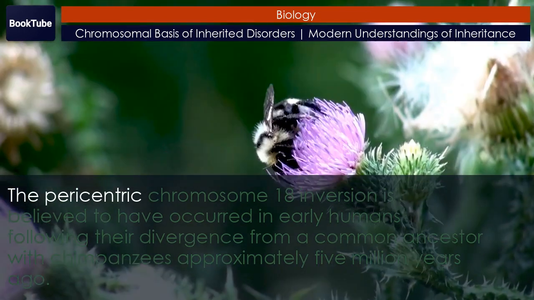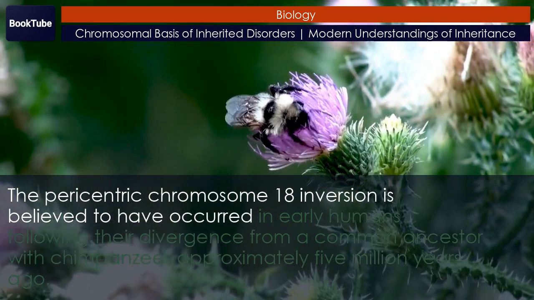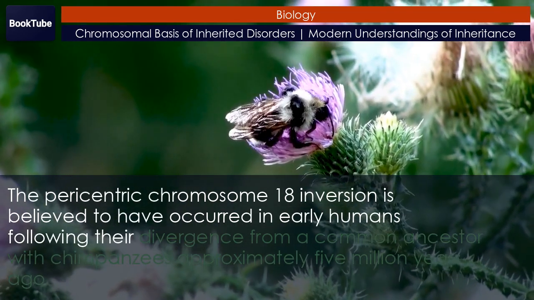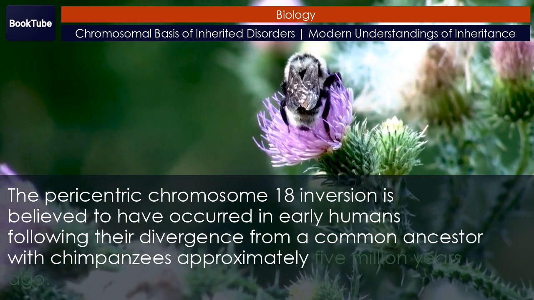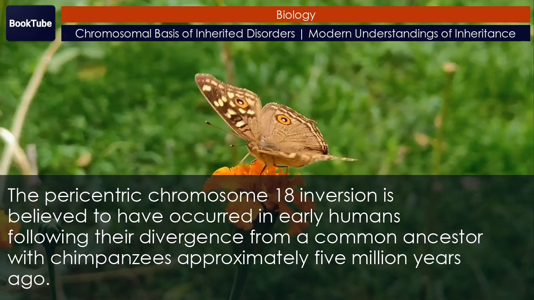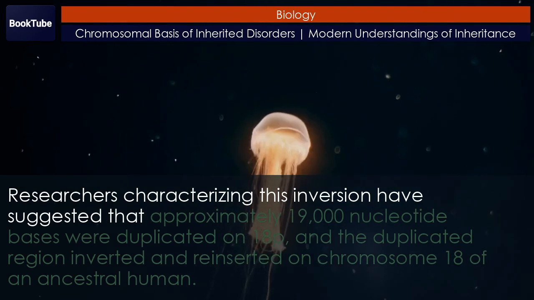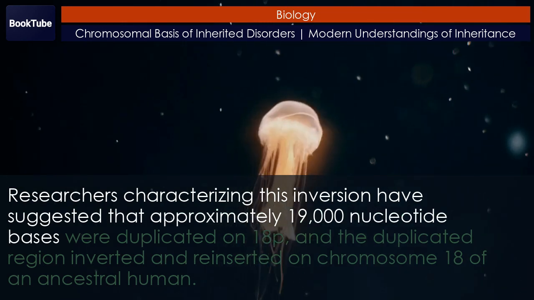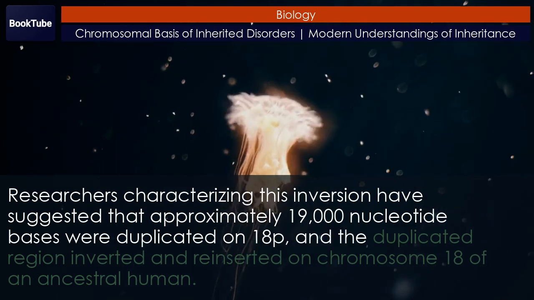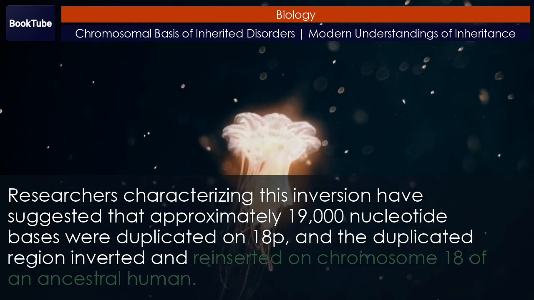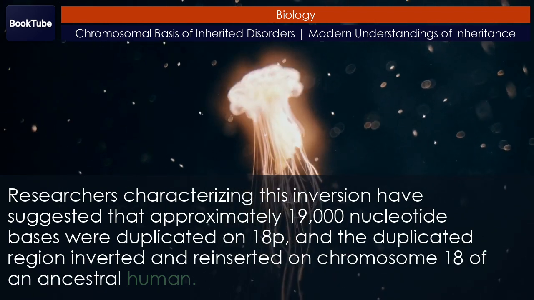The paracentric chromosome 18 inversion is believed to have occurred in early humans following their divergence from a common ancestor with chimpanzees approximately 5 million years ago. Researchers characterizing this inversion have suggested that approximately 19,000 nucleotide bases were duplicated on 18p, and the duplicated region inverted and reinserted on chromosome 18 of an ancestral human.